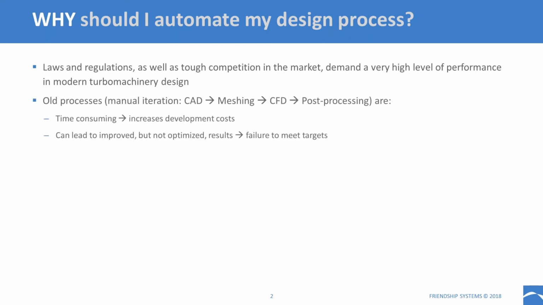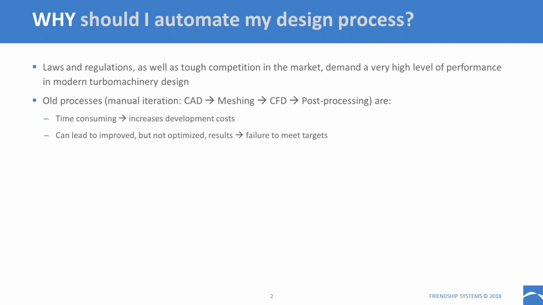And the, let's say, older processes where you run through a manual iterative process, going from a CAD model, meshing it, running CFD, post-processing the CFD results. That kind of process is, first of all, time consuming, which increases the cost of development and also the development times, of course, the cycle times of the development.